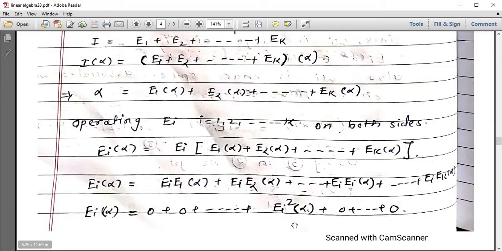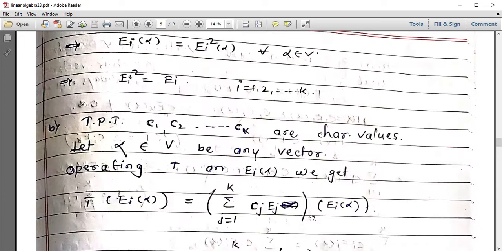So Ei of alpha is equal to Ei square of alpha. Hence, Ei square is equal to Ei for all alpha belonging to V, and Ei square is equal to Ei for all i equal to 1 to k.